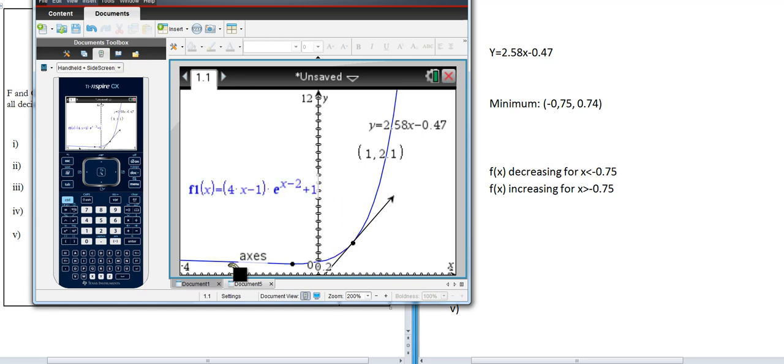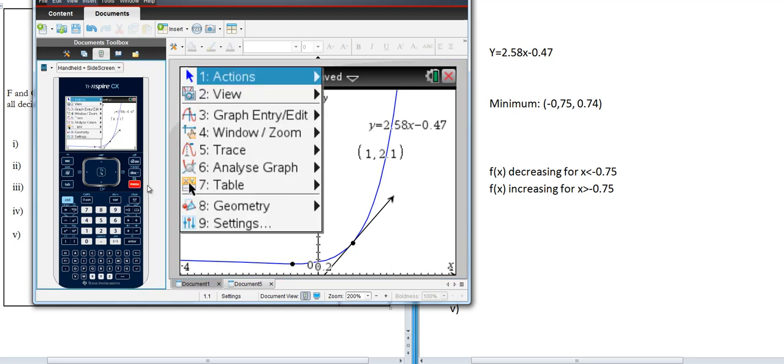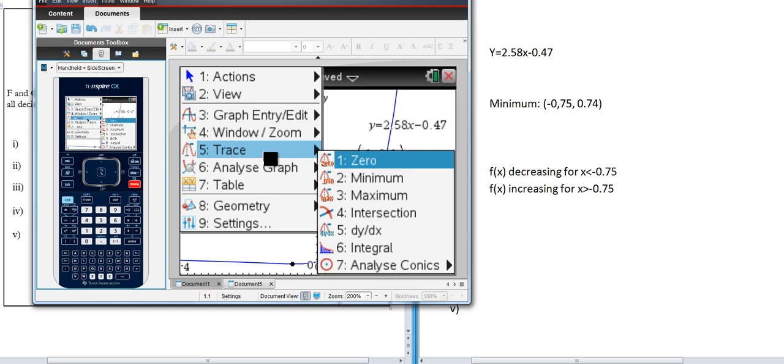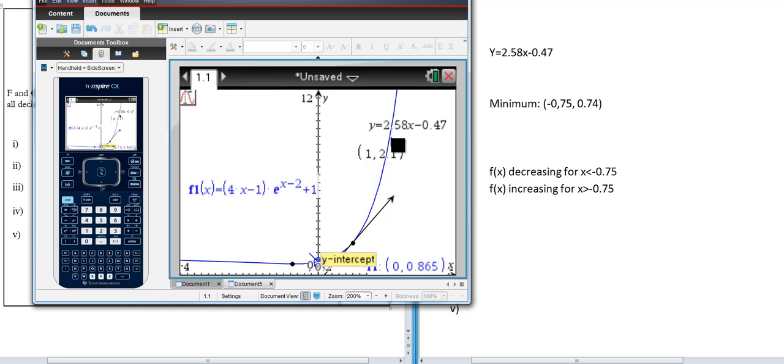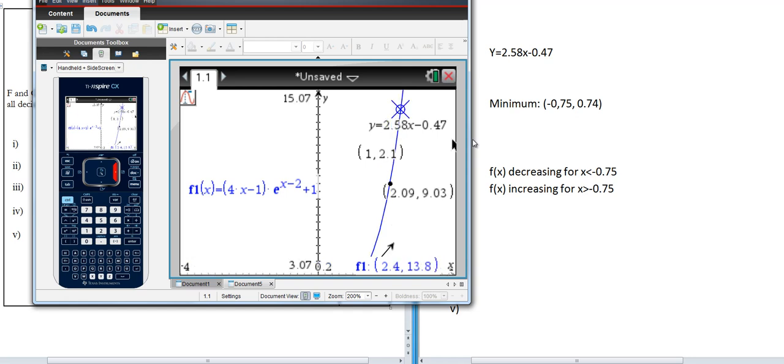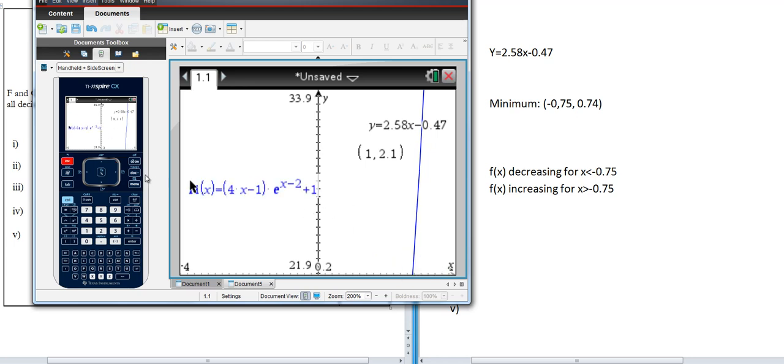So we go from -3 to 3. Okay, let's trace the function to make sure we have everything. Trace, graph trace. Let's walk around here. So from -3 to 3, we actually have to have up to 30, a little bit more than 30 on the y-axis.